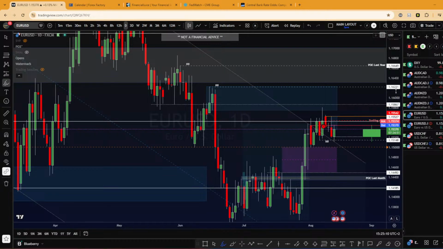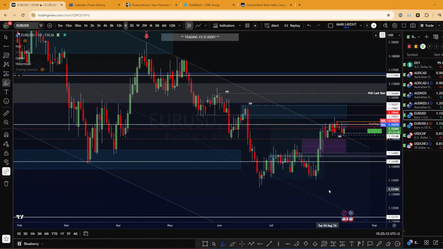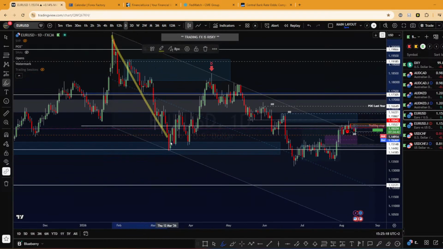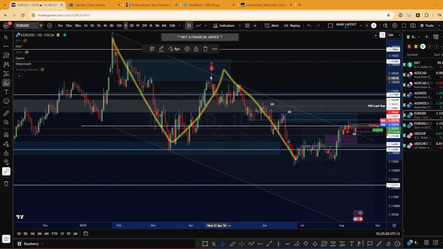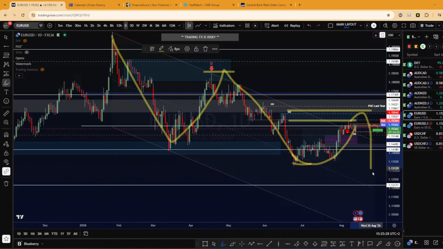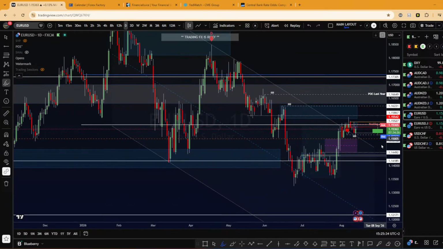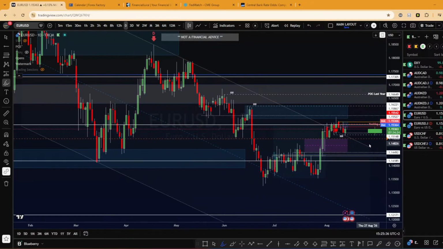So let's go down to the daily. On the daily time frame, this is my structure. I'm bearish from this high to this low. So this is just a retracement towards a certain premium zone before continuation to the downside. So that's why I want to position myself on the sell side.